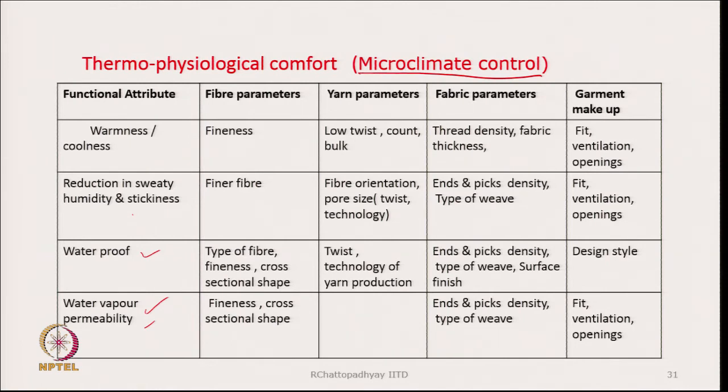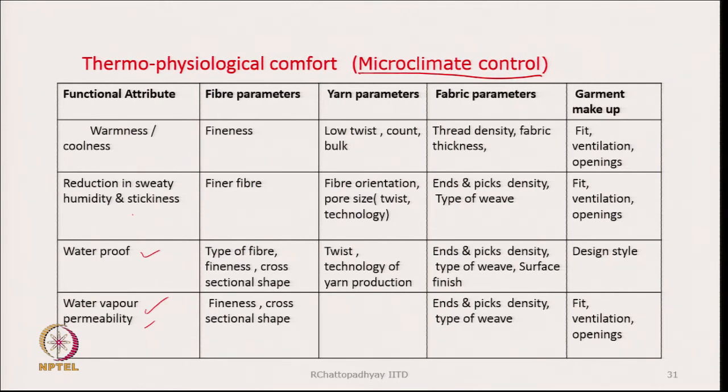And we see in this table how these functional attributes are connected to fiber parameters, yarn parameters, fabric parameters and garment makeup. So, you have to go through this slowly and see whether you can add something more to it or not.